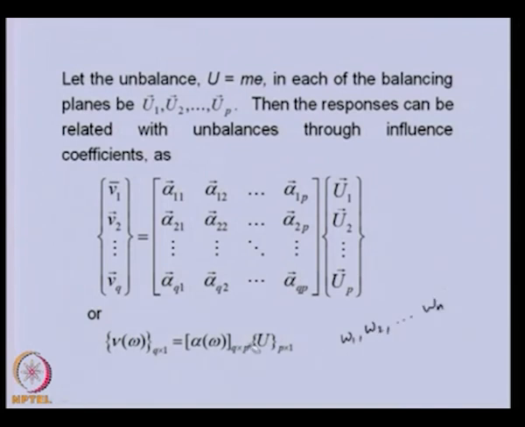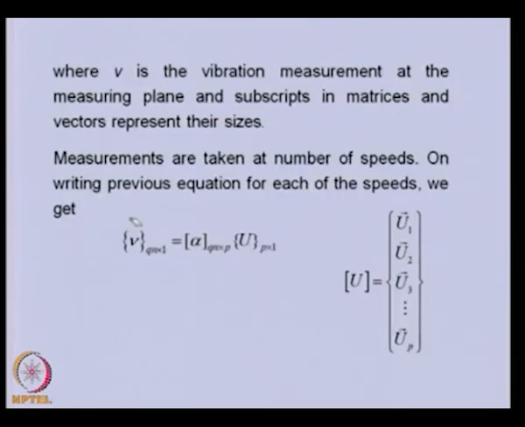So that many number of equations we will be having corresponding to these speeds. Those all equations we can combine like this. So now this response is not a function of speed. Earlier also it was not a function of speed. The influence coefficient matrix, the size got changed.